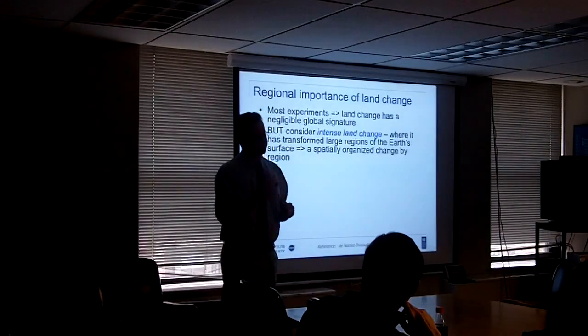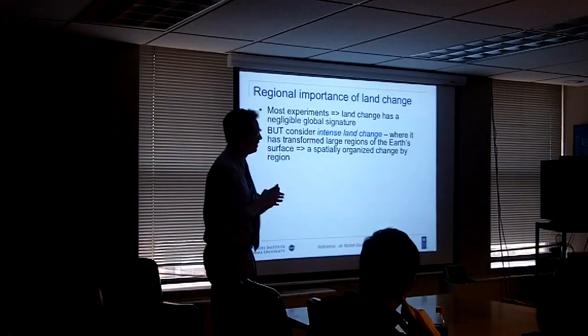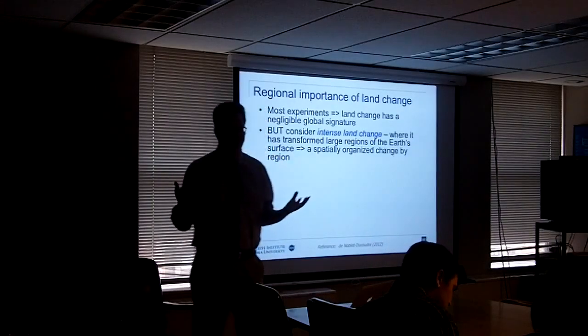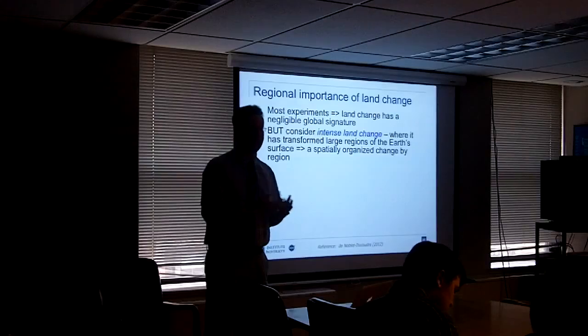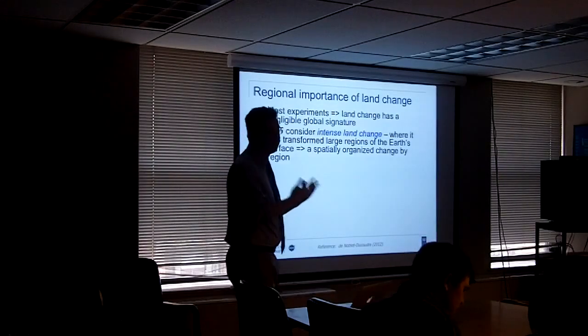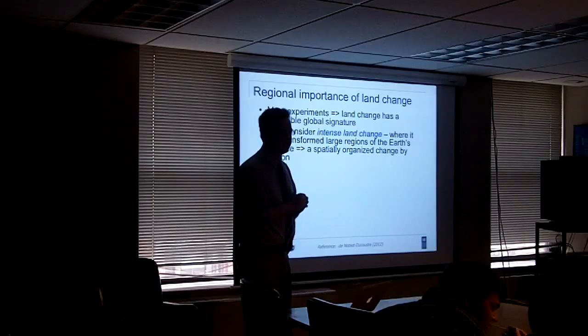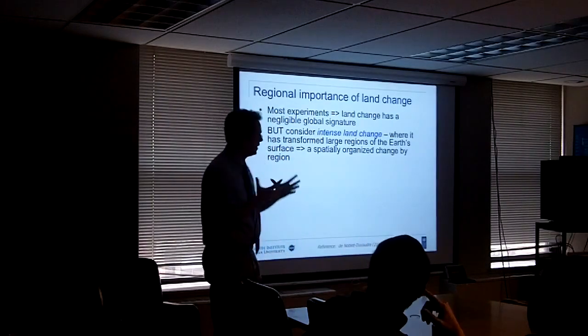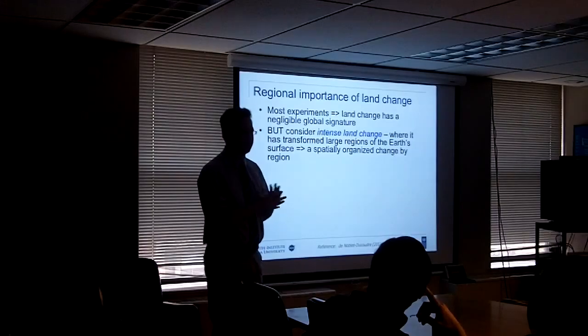But we're really interested in intense land change, and that means when you have large regions of the Earth's surface, particularly China, India, parts of the US, where there's been a significant modification of the vegetation cover. And here we're interested in the spatial component, the spatial organization to that.